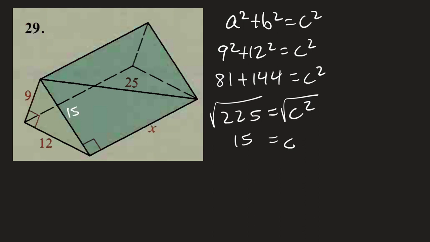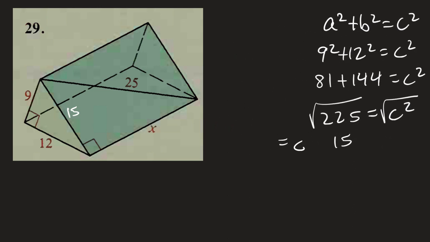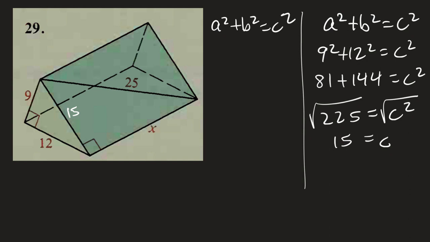Okay, now I'm going to set this aside. Let's see. Okay, that gets set aside, and this gets set aside right here. And we need to separate this. And we got to do the Pythagorean theorem again. So a squared plus b squared equals c squared. And so now 15 and x, they are legs in this case, and the 25 is the hypotenuse.